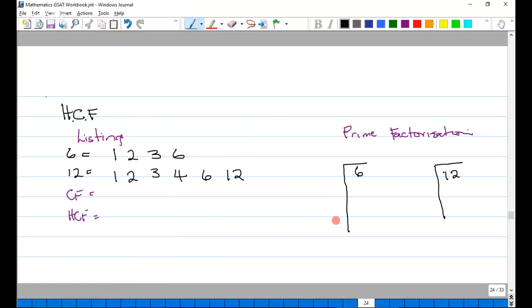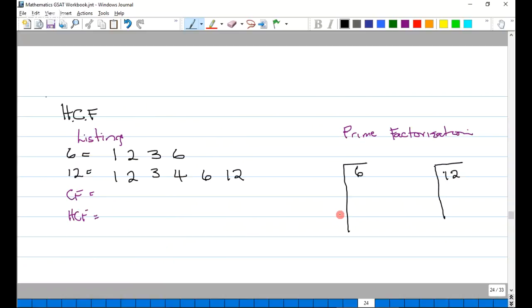Now, what are the prime factors of 30? 2 times 3 times 5. Good. So those are the prime factors. Instead of listing out all the factors, we can just use the prime factors. What are the prime factors of 42? 2 times 3 times 7.